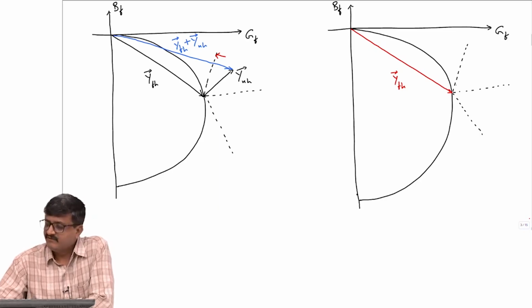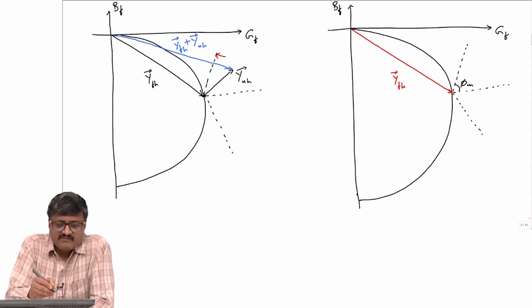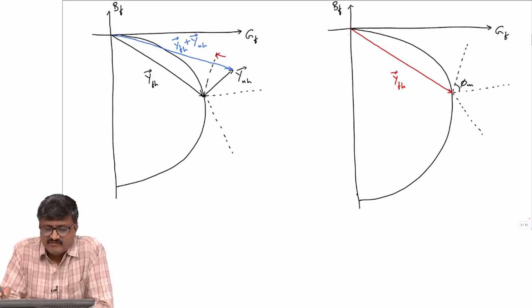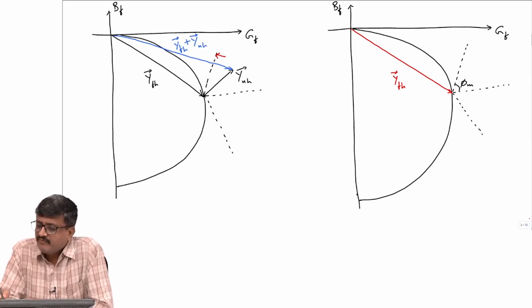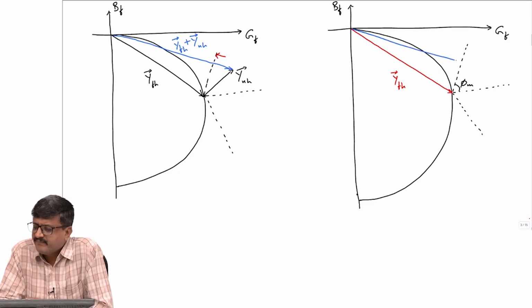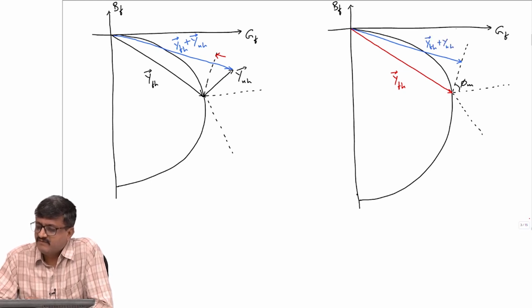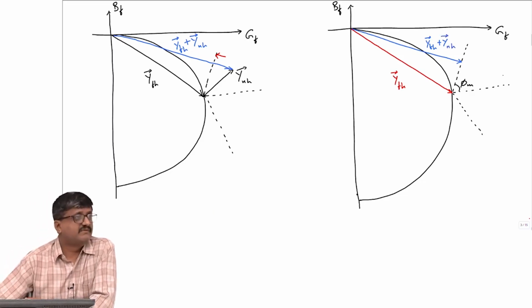Okay. So, the boundary is this which makes an angle phi m. So, that should give the least value of the magnitude of y of h plus y n h. Okay. Yes.